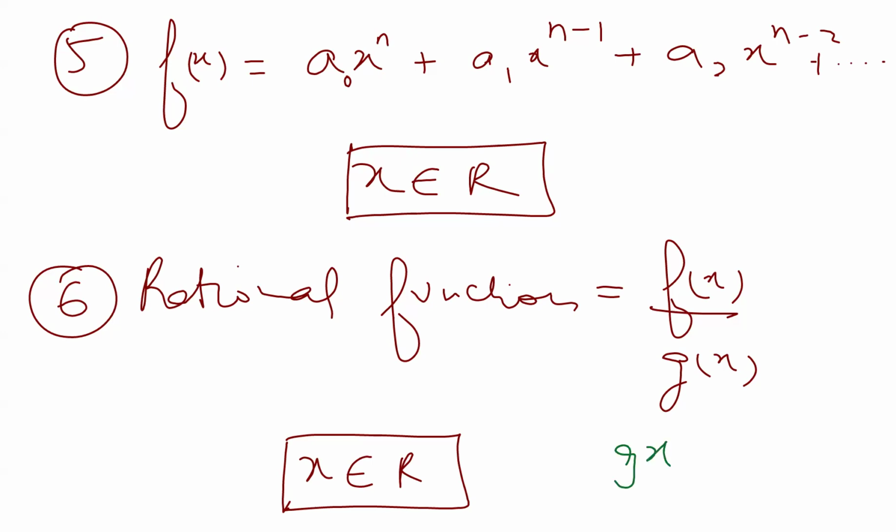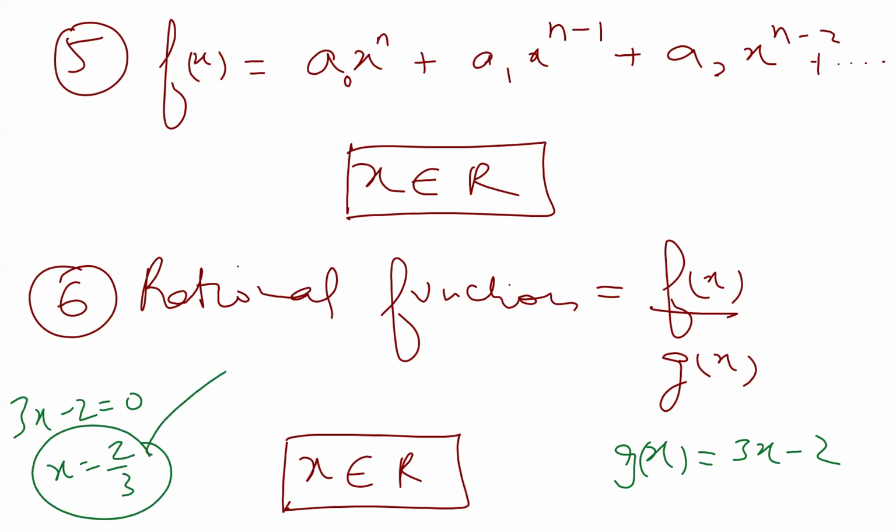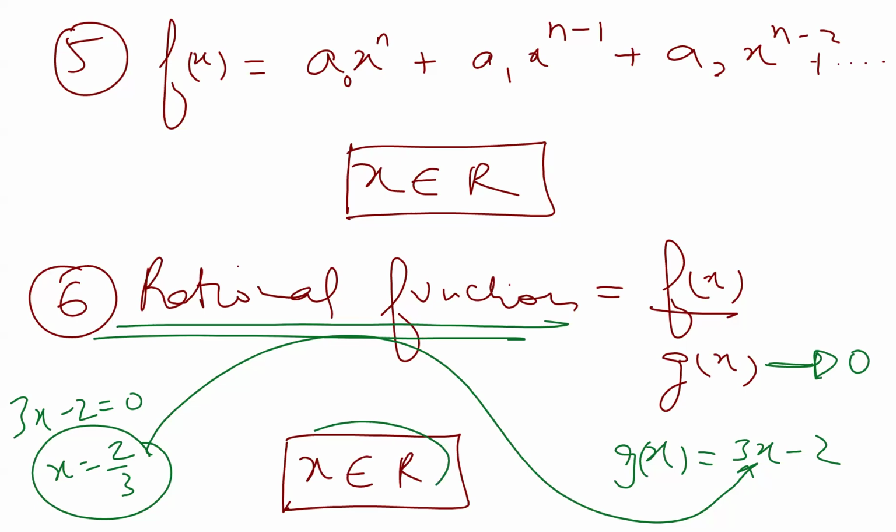For example, if g of x is equal to 3x minus 2 in the denominator, equate 3x minus 2 to 0, you'll get x is equal to 2 by 3. Now, if you put x is equal to 2 by 3, the denominator turns out to be 0, so the rational function will be not defined. So it is continuous at any real value of x except for that particular value where the denominator turns out to be 0.